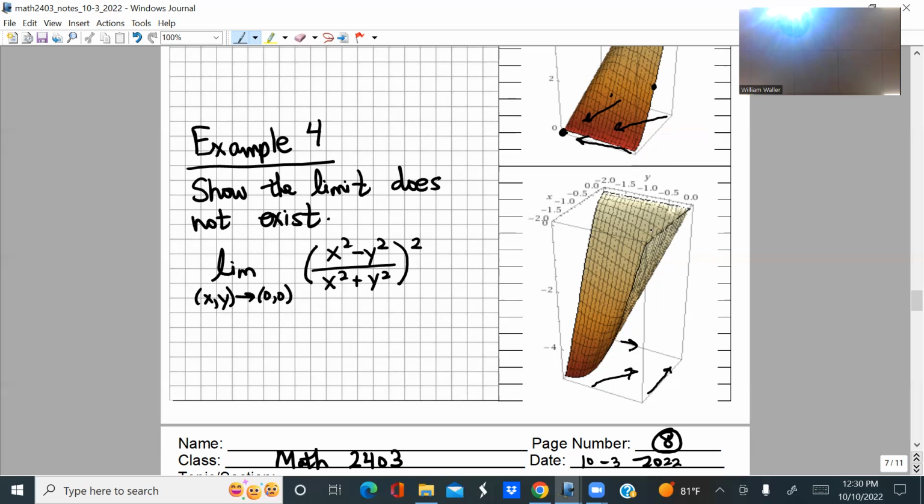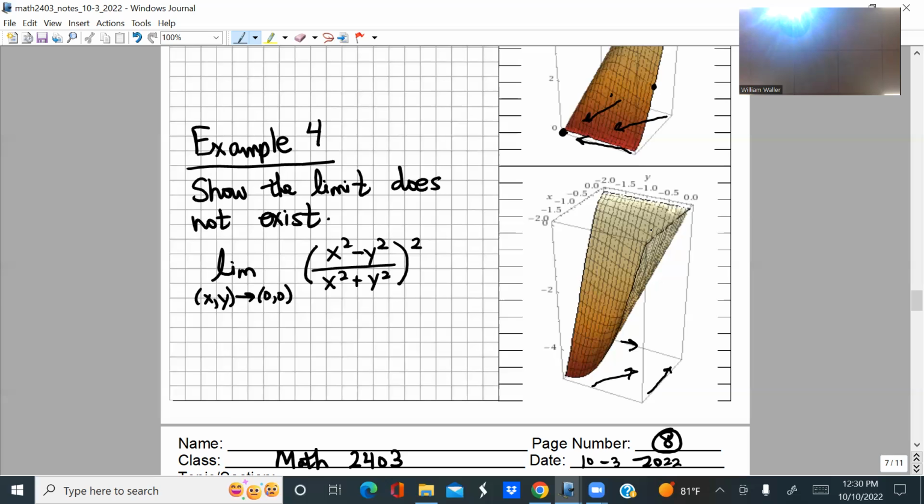that may give us an idea that this limit does exist and is in fact what? 0. Okay. So this surface, as we get closer to 0, 0 on the xy point, which is right there, is not shooting off to infinity or falling off to the negative. It looks like it is merging right to 0.